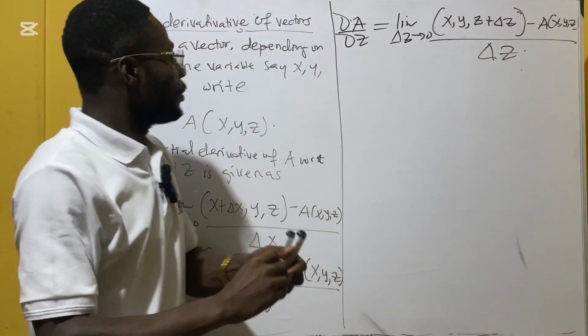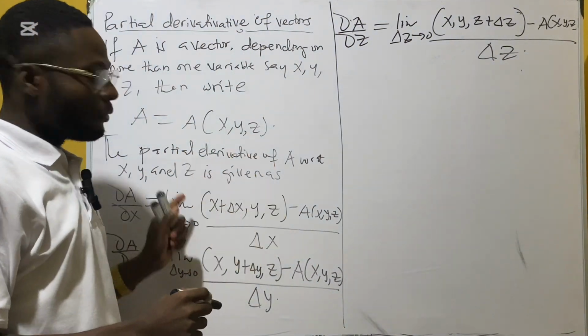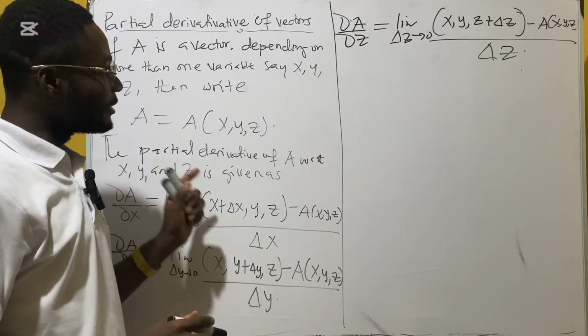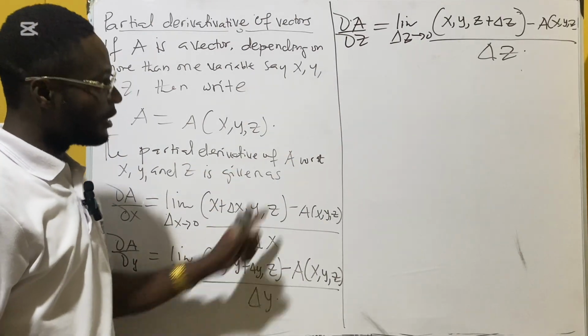So the partial derivatives of a with respect to x, y, and z are given by these three.